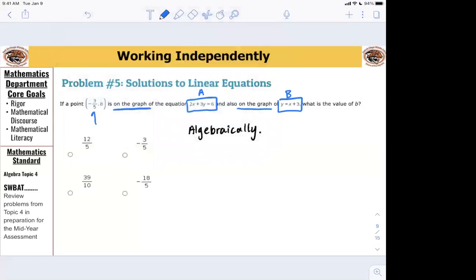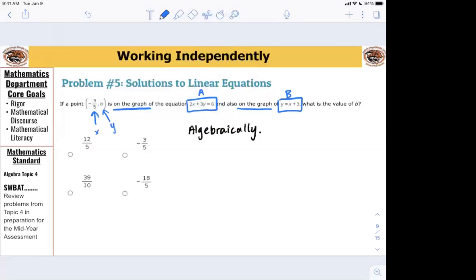Coordinate point is x, comma, y. Input and output. So I know the input, but I don't know the output. So when I have these equations here, what can I do to figure out that output?